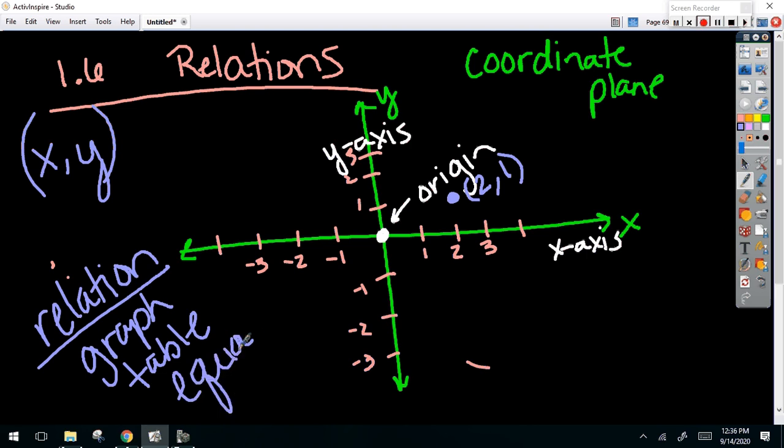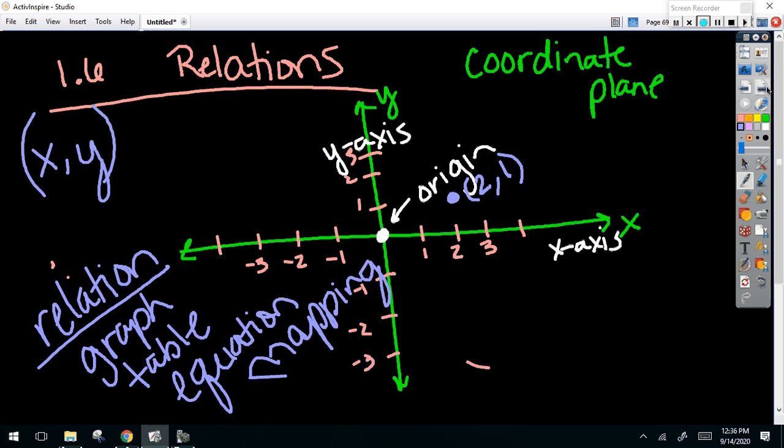All of these are ways that we can illustrate a relation, okay? And then we can also do what we call mapping. I do want to take a little while to talk about mapping because for some reason, mapping shows up on the EOC a lot. So I want to make sure you understand what mapping is and what it does.